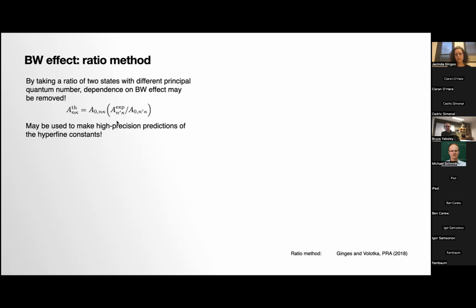And then you can insert that instead of putting in the nuclear structure parameters from the beginning. Usually you need to assume a nuclear model and calculate it and so on. But in fact, you can replace that with this ratio of experiment to theory for high states. Then you can go and do your atomic calculation for a lower state, and that's your total theory value.